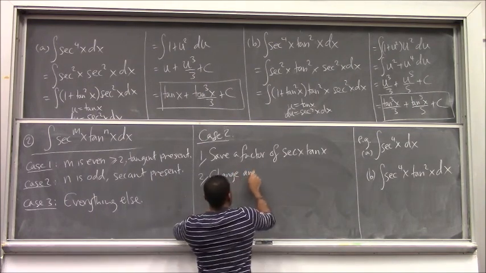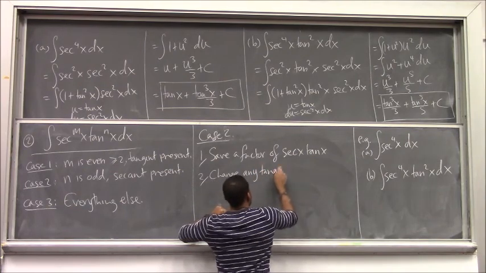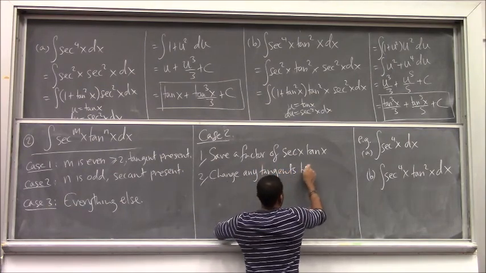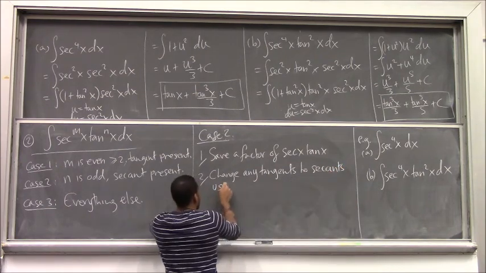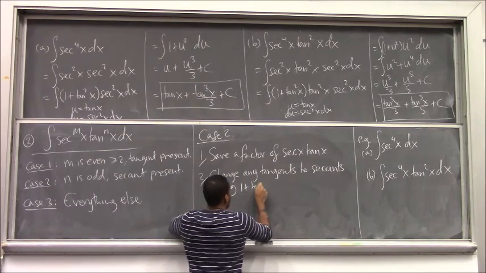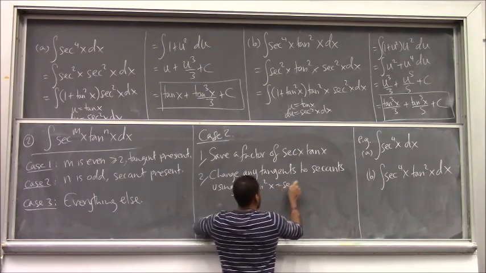Two, change any remaining tangents to secants, again using the Pythagorean identity, 1 plus tangent squared equals secant squared.